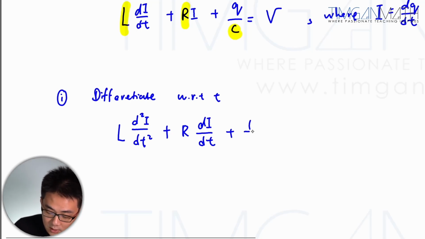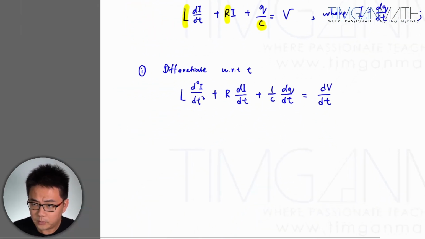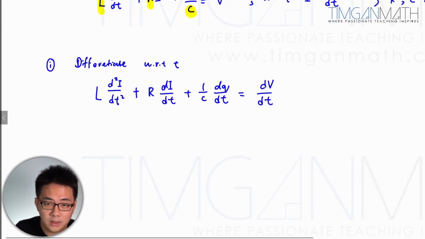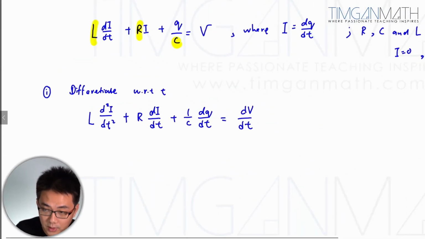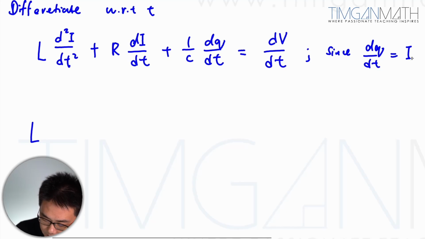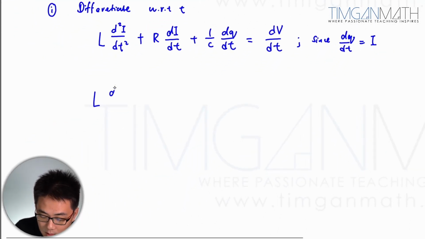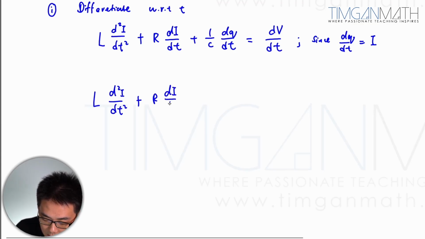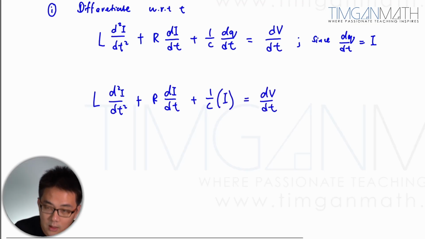And because 1 over C is a constant, this will be dQ over dt, and this will be dV over dt. Now, dQ over dt is given by I, so we could just replace this in. So this will be L d square I over dt square plus R dI over dt plus 1 over C I equals dV over dt.